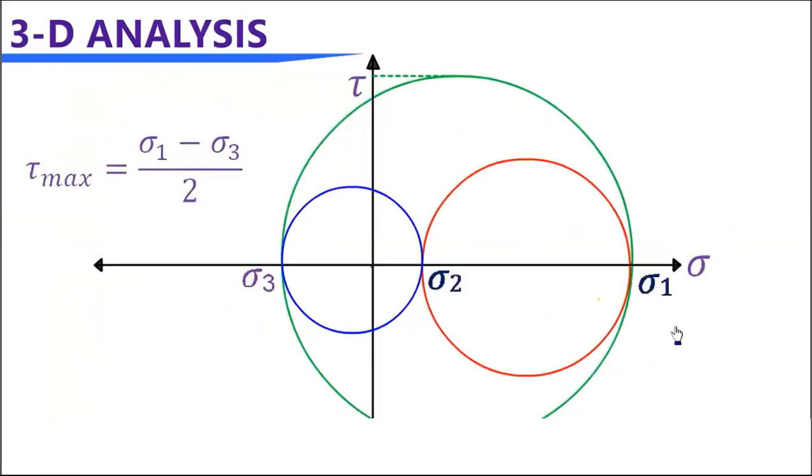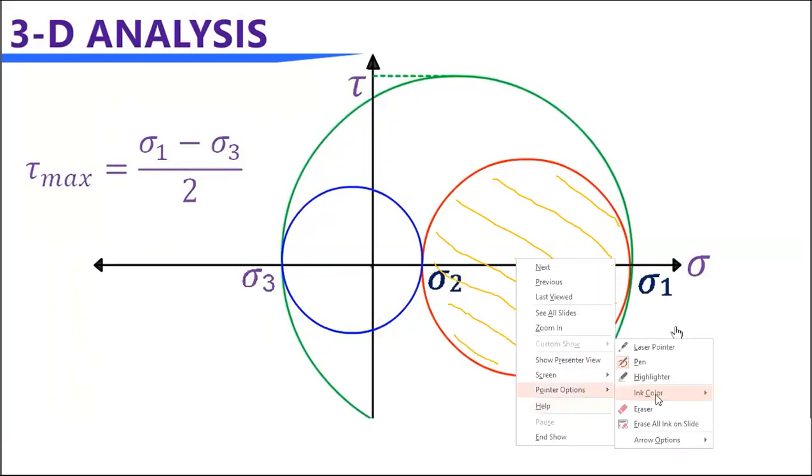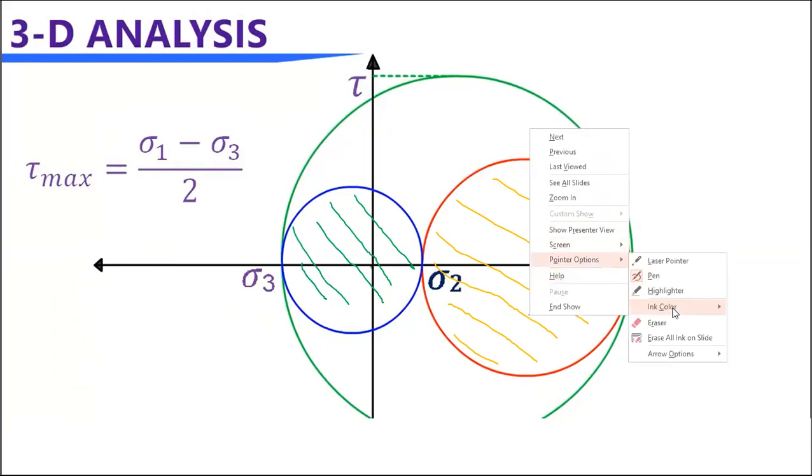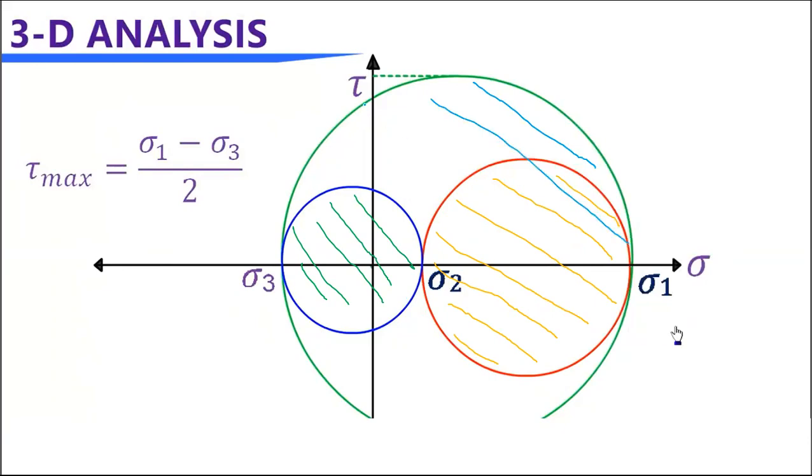So in 3D analysis, we'll draw an example probably. Let's say this is one plane, the X and Y plane, and let's say this is for the X and Z plane, and that will automatically draw the Y and Z plane.